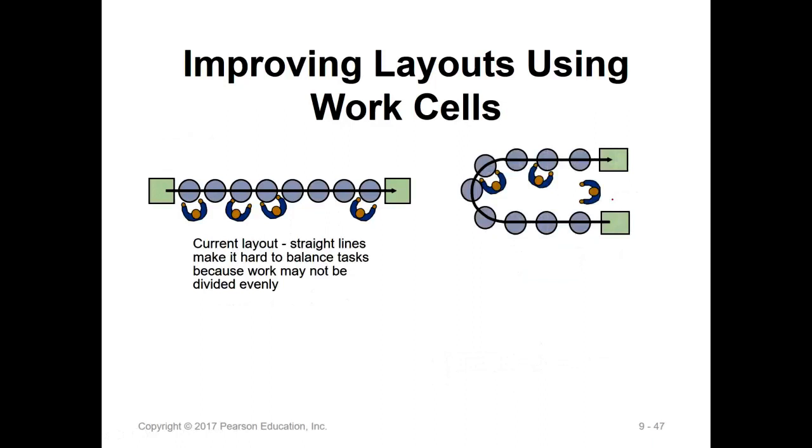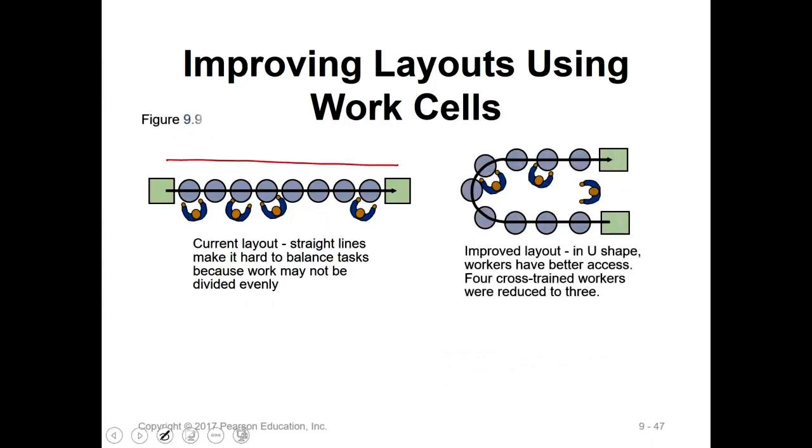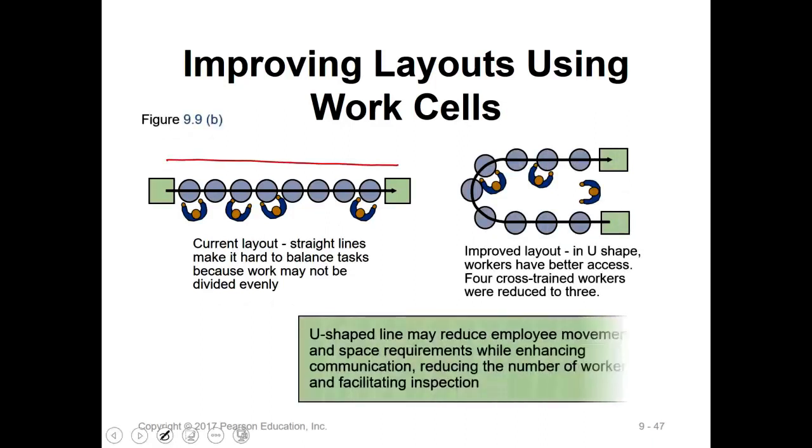So the second example is the line arrangement layout in the beginning. Now they totally changed this to a U-shaped layout, and these people can really easily move from one to another. So the walking distance inside the cell is reduced very much.